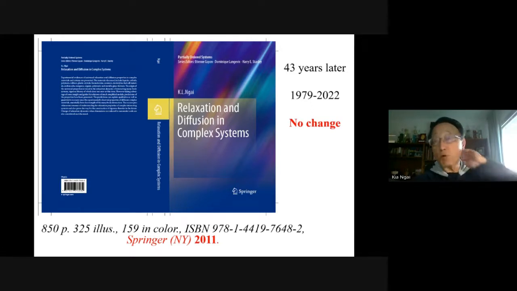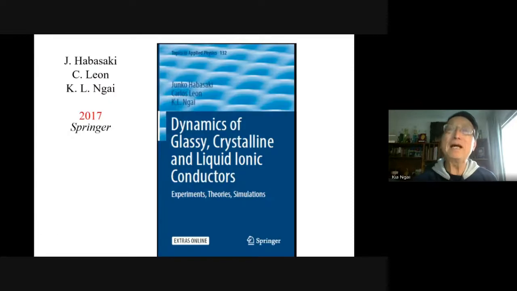But this book is now no longer that, it's already too old. There are too many things that have happened which are very important. Since then, in the middle of that, we addressed ionics, which is also one important area, just ions, but they are also many-body interacting systems. So we collaborated with my colleagues, and this book I think is quite worth people looking at because it has experiment, theories, and relations.